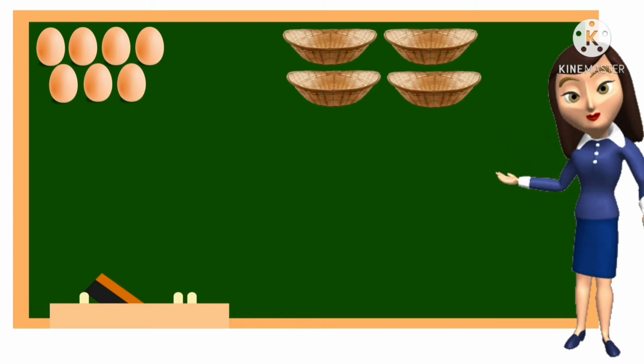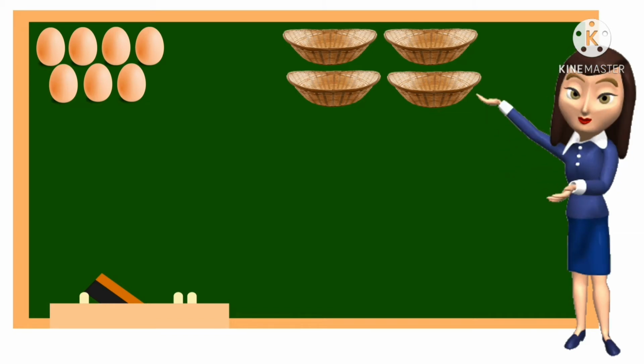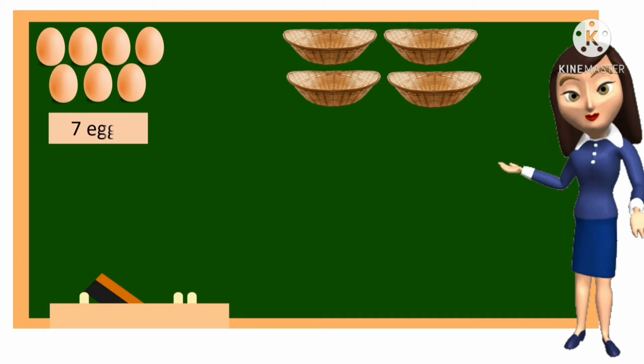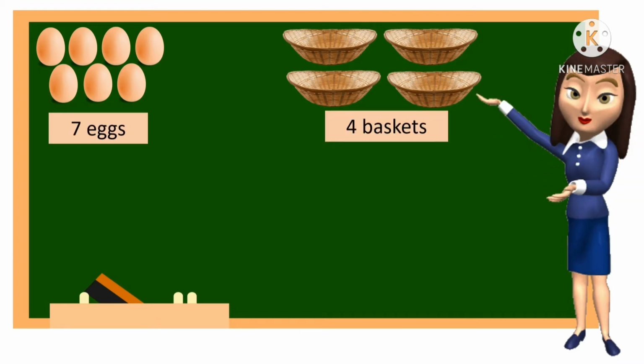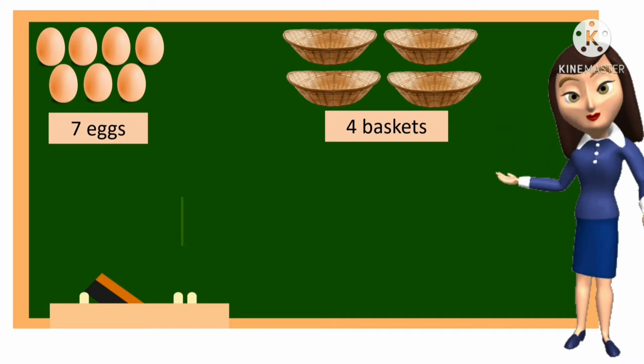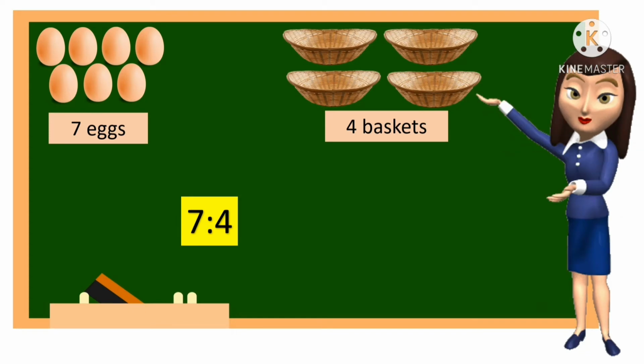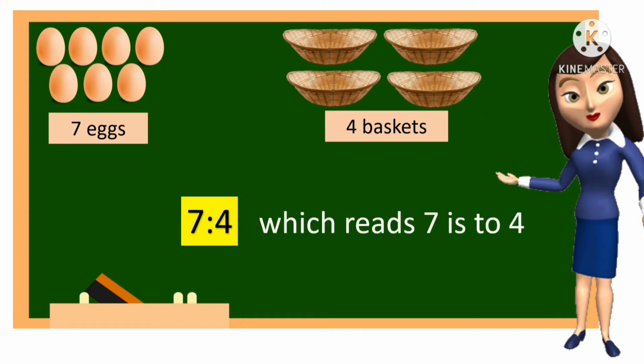How many eggs and baskets are there? There are 7 eggs and 4 baskets. What is the ratio of eggs to baskets? The answer? 7 is to 4, which reads 7 is to 4.